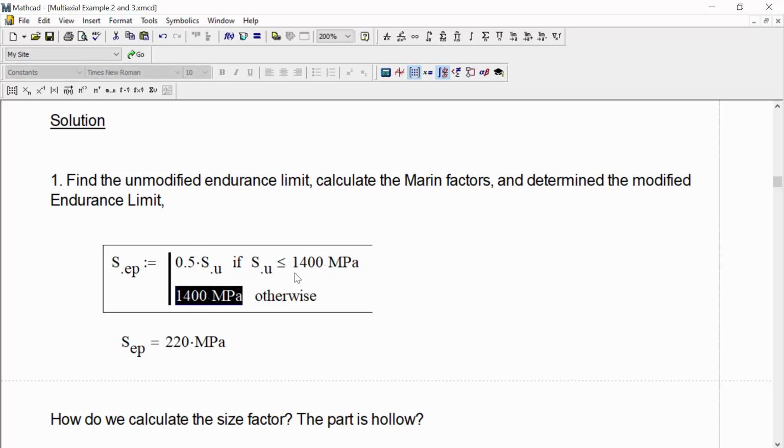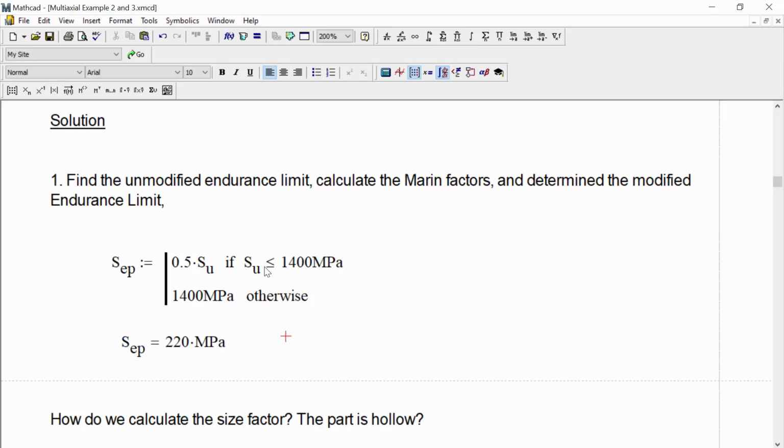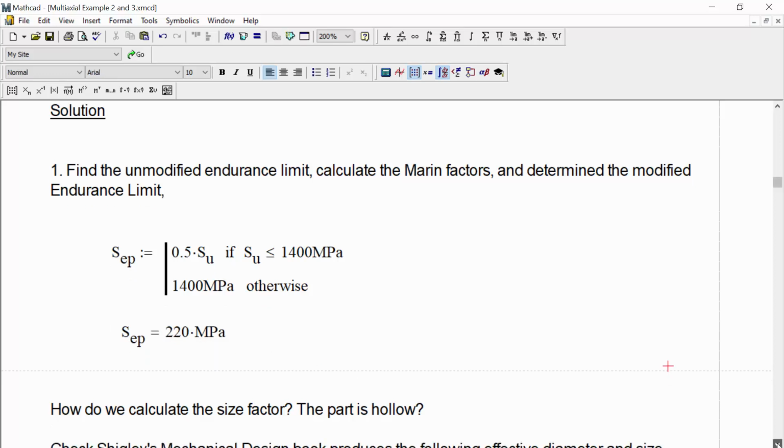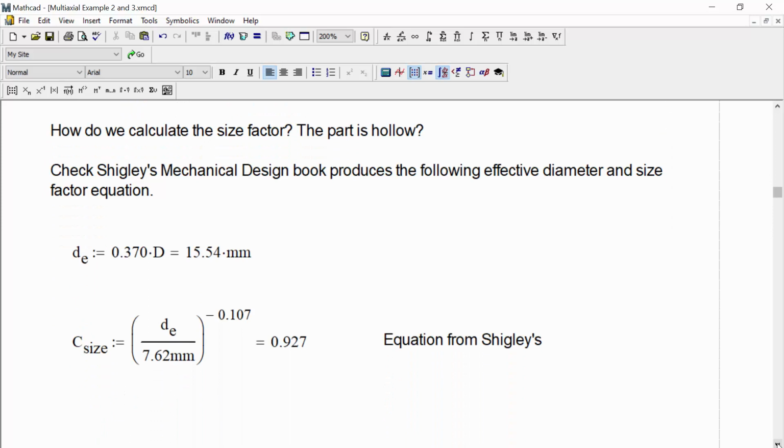So if the tensile strength is greater than 1400, we set it equal to 1400. In our case, our tensile strength is much lower than 1400, so we find the unmodified endurance limit at 220 megapascal. Now let's go into working and finding our Marin factors.